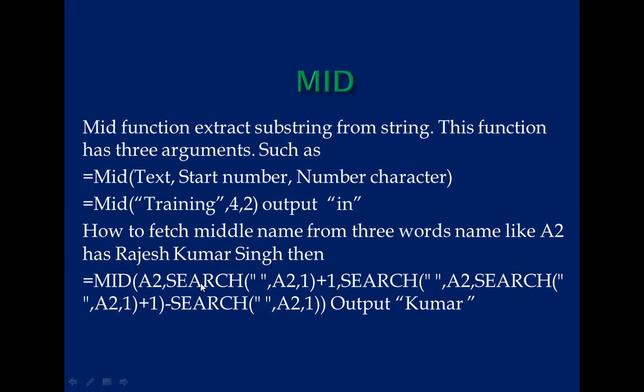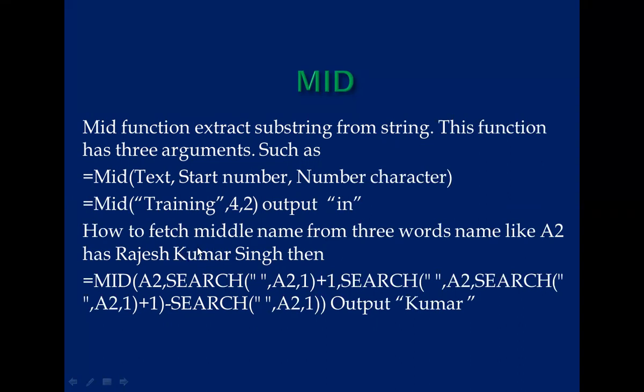This topic I will cover further, but before going to it, I will let you know how we can apply the basic MID function. So first go through the definition part. The MID function extracts a substring from a string. Suppose you have Rajesh Kumar Singh. This is a string. From this string, you have to pick the substring.